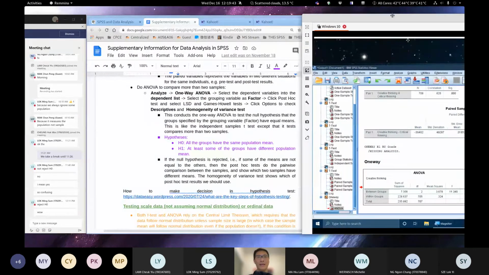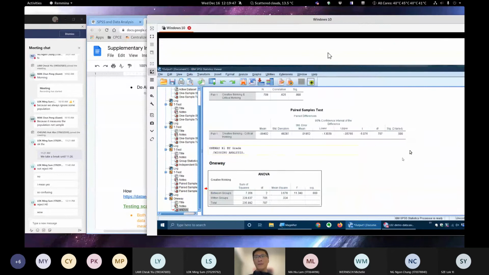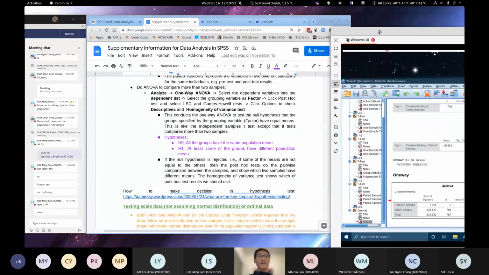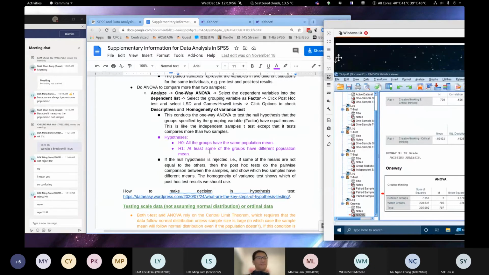So can you tell me, based on this one, the p-value is 0.000. So can you tell me which one we should take? Yeah, we take H1. Okay, so you start to get familiar with this now.